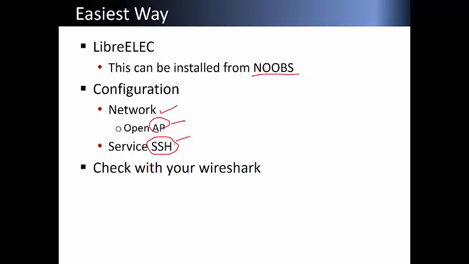Okay. So we can check some packets shared between your Raspberry Pi and your laptop, or between your Raspberry Pi and your iPhone, or whatever phone that you have. That's what we are going to do.